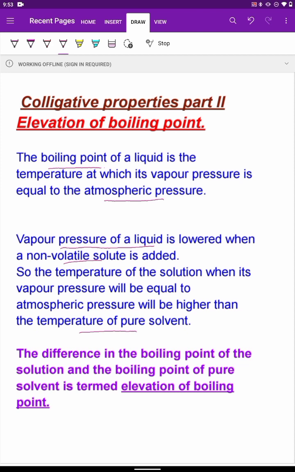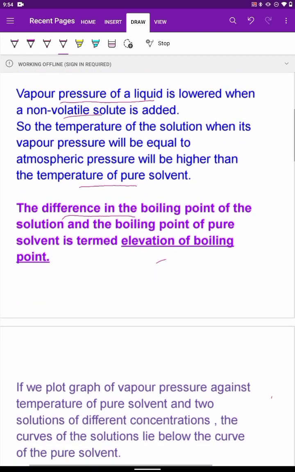So both the boiling points are different. This difference between the boiling point of the solution and the boiling point of the pure solvent is termed the elevation of boiling point.